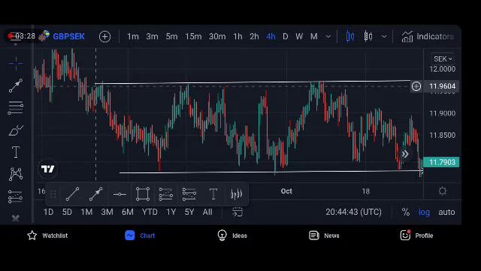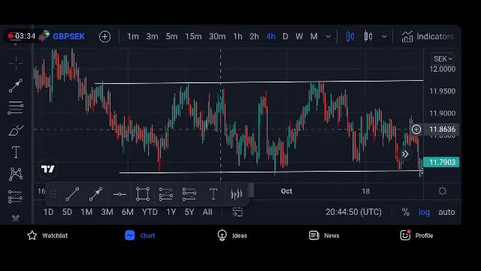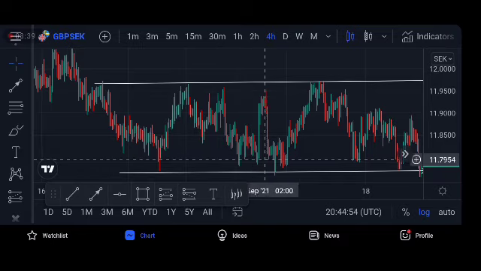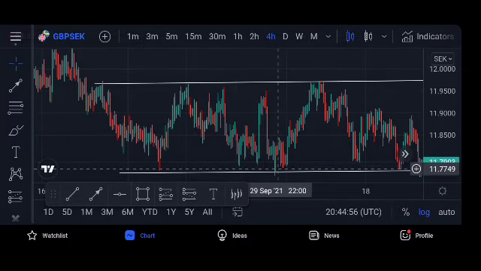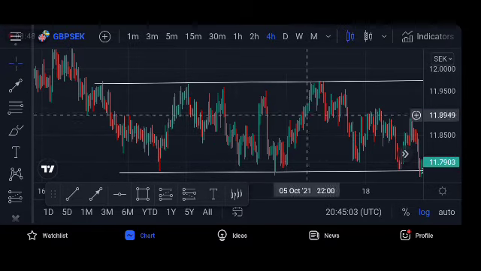The market started retracing backward, going down, and came back to this region. The market couldn't break this support, the initial support that was here. The market started going back to the upside.